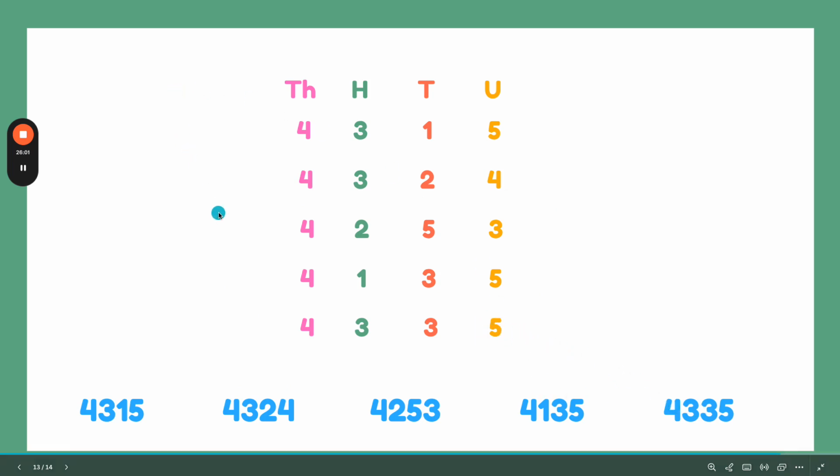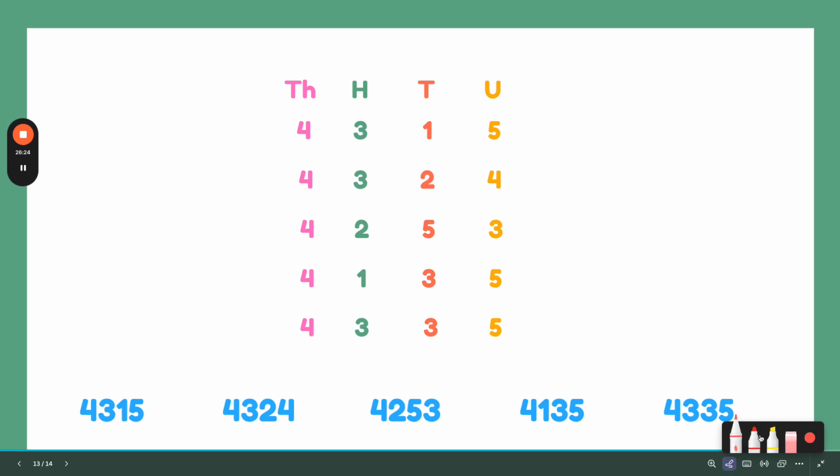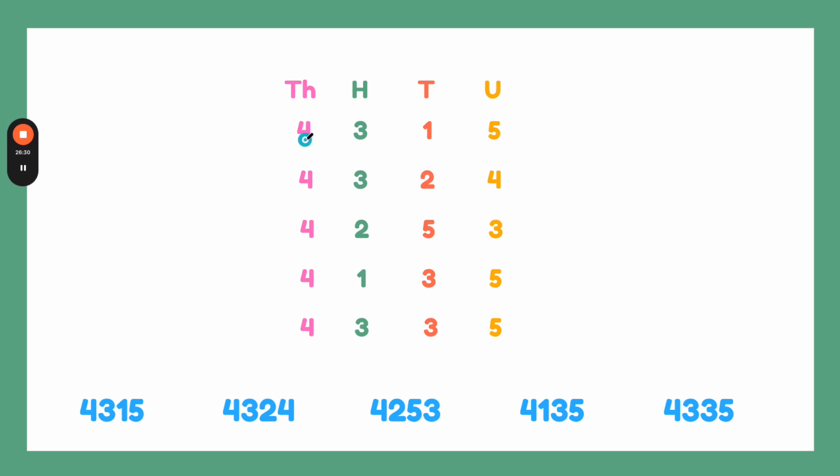Again, we compare column to column, and because we are looking for which number is the largest, we need to find the largest digit in each column and work accordingly. So let's start with our first column, which is the thousands. Again, all the numbers have 4,000s in each of their numbers.